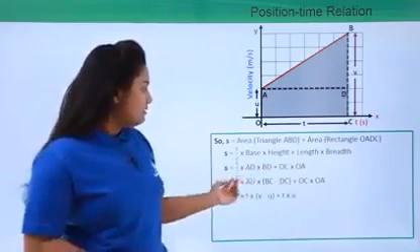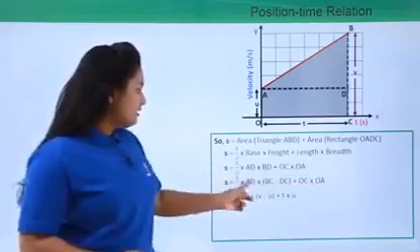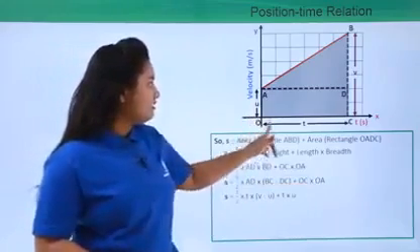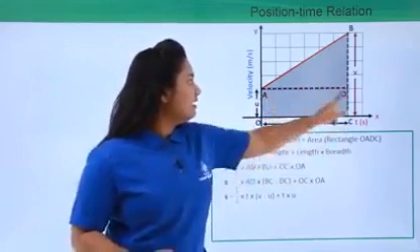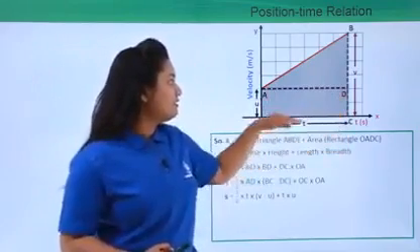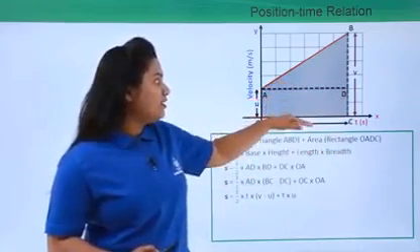Now, we will substitute all the values. AD is equal to OC, since it is the opposite side of a rectangle.